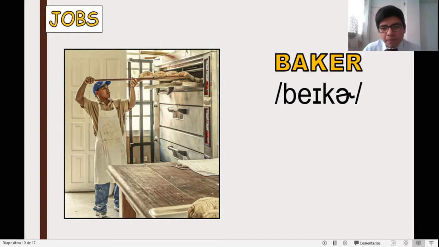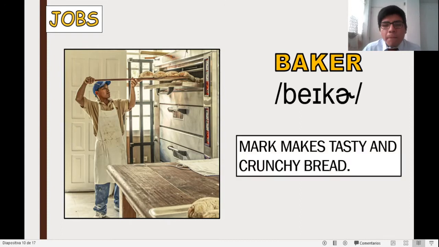Let's see. Mark makes tasty and crunchy bread. So baker, yes, that's baker, panadero. But how do you pronounce baker? Baker. Repeat after me. Baker. Exactly. Baker.